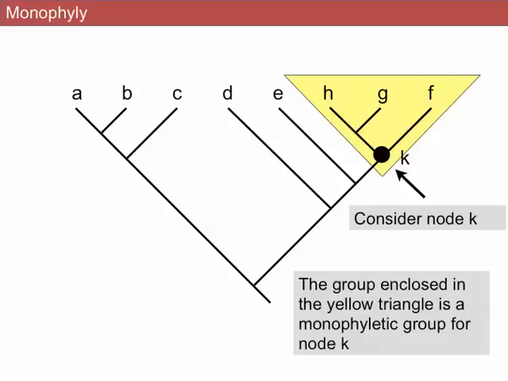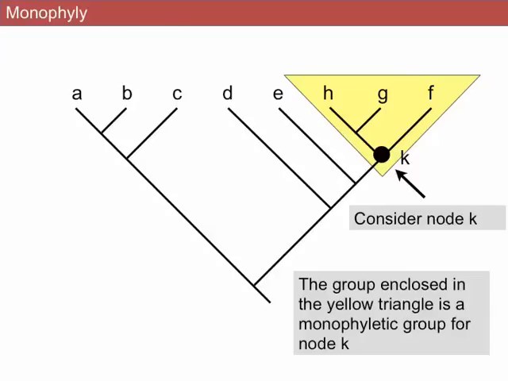This makes sense? Yeah, question? Yeah, so the question is, can a monophyletic group be any size? Yes, absolutely. Take any node in the tree, anywhere in this tree, and include that node and all of the descendants of that node. And I'm going to show you that in one second, the rest of the monophyletic groups in this tree.